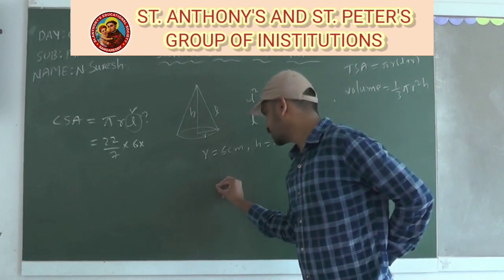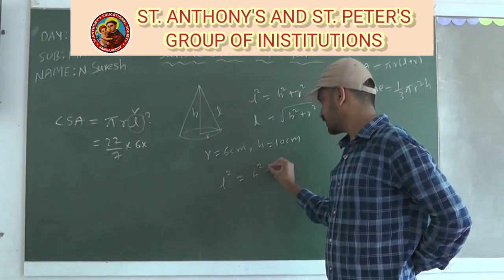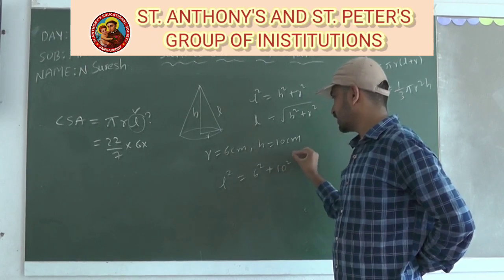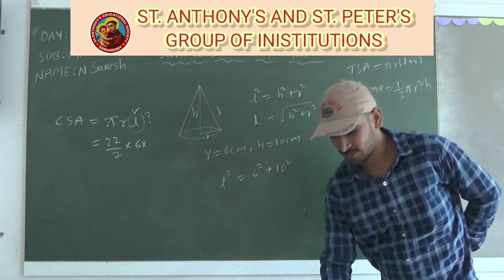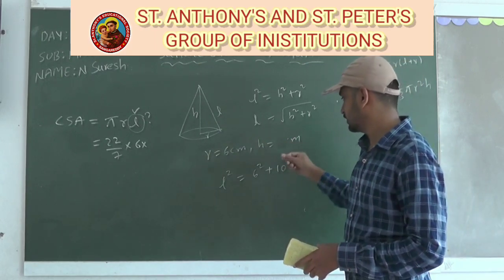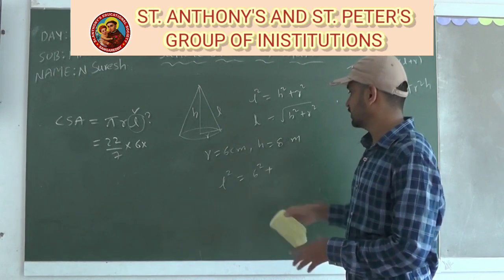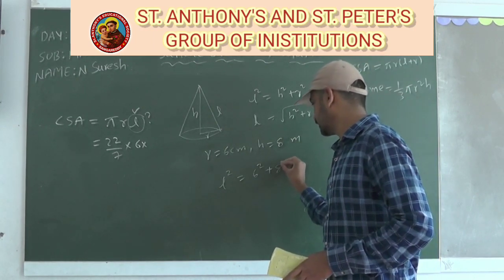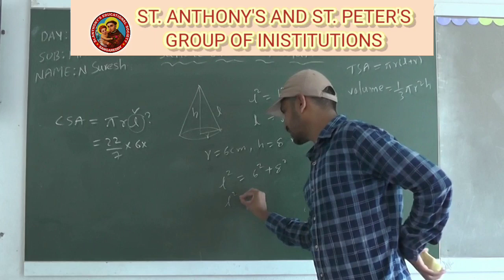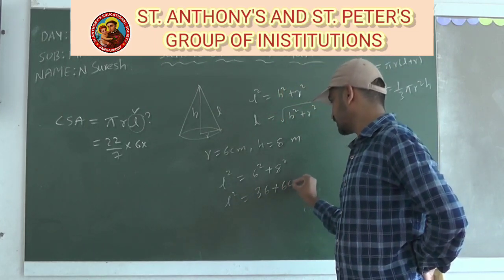So L square equals r square, 6 square plus 10 square. Otherwise you can go for the square numbers. So L square equals 6 square, 36, plus 64.